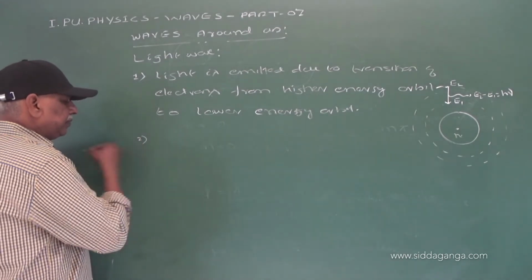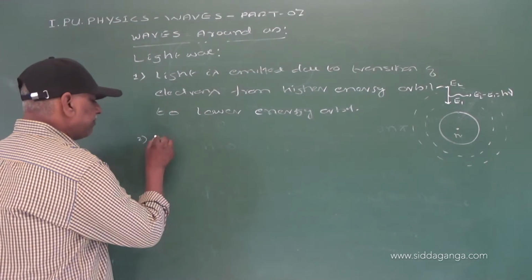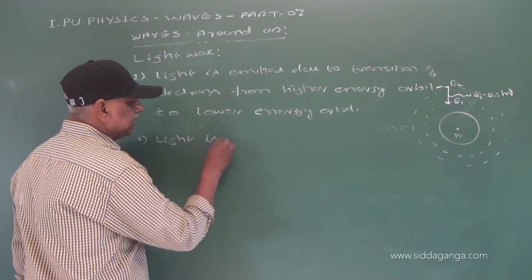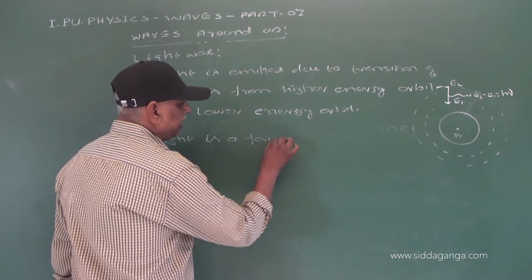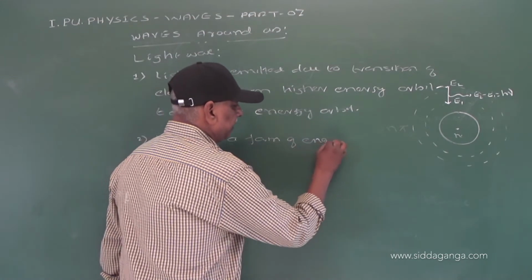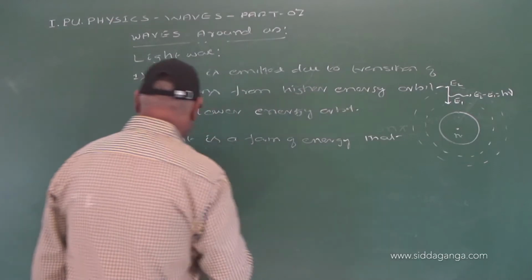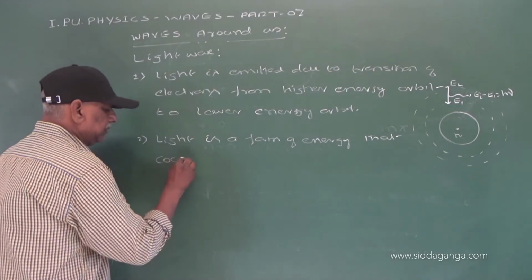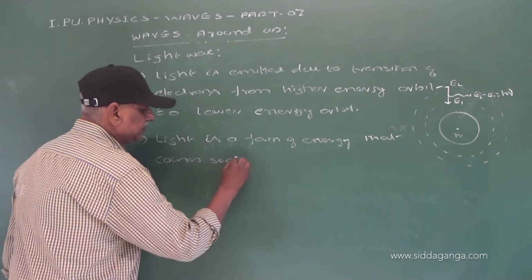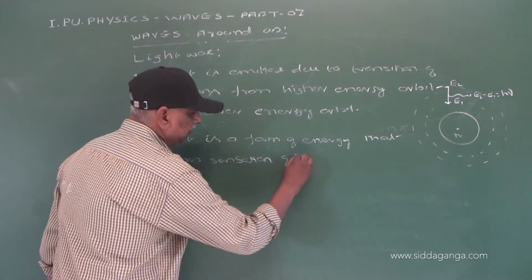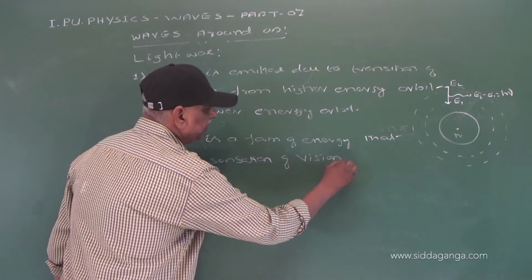So number 2, light is a form of energy that causes sensation of vision.